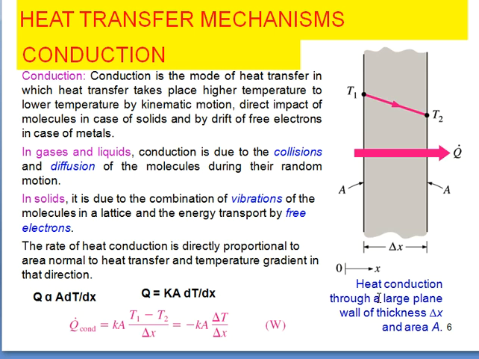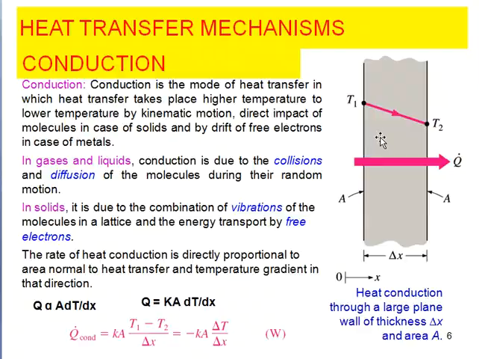That is due to the direct impact of molecules, due to the vibration of molecules from the higher temperature heat contained in them. Then the Fourier law of conduction, concerned with conduction, we can define here. The rate of heat conduction is directly proportional to the area normal to the heat transfer and the temperature gradient in that direction. That is the Fourier law of conduction, the law concerned with the conduction mechanism of heat transfer.